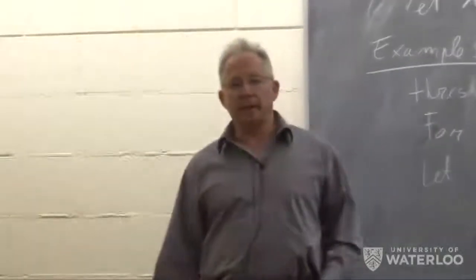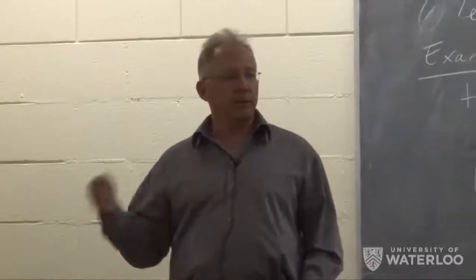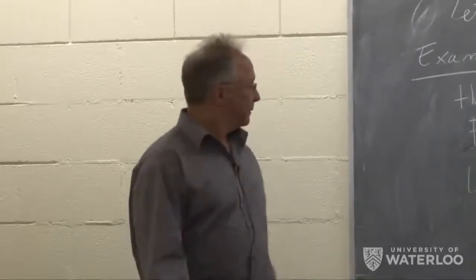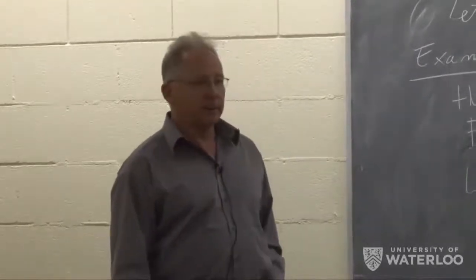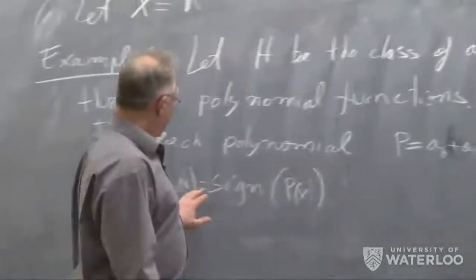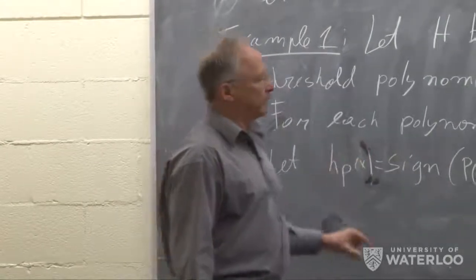Right? So I can turn any polynomial into a predictor. I'll just take the sign of the polynomial evaluated at the point x. So here is a polynomial, and I can take its sign and turn it into a predictor of a 0, 1 labeled function.